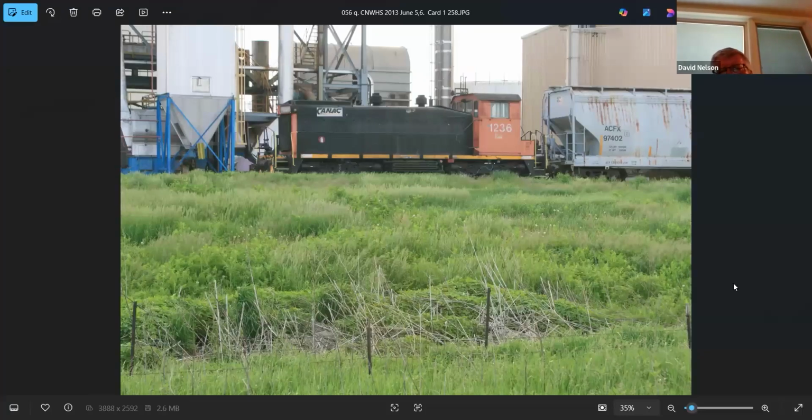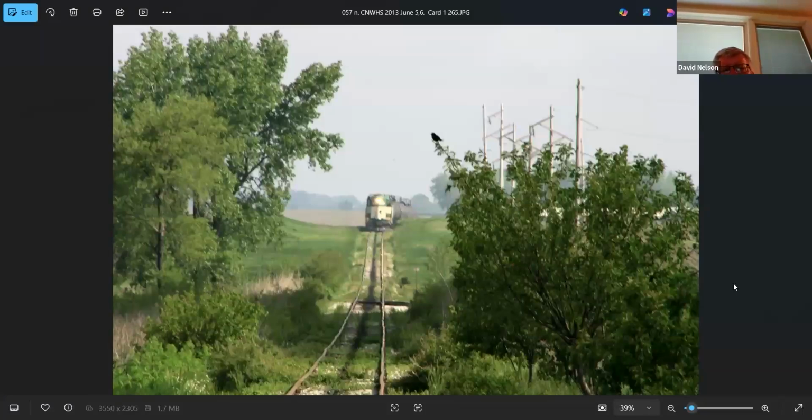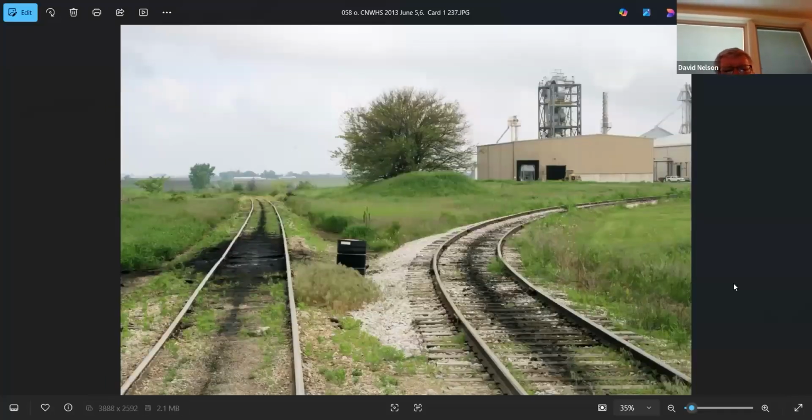They don't need a little yard. They can get everything done themselves. So the locomotive was bringing tank cars down from the Illinois Central / Canadian National. And then this is the south end of the plant, where you see the connection.